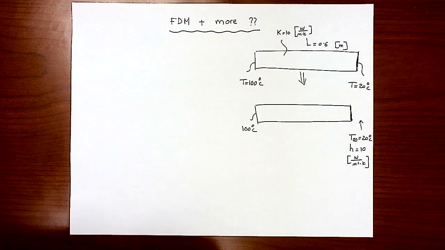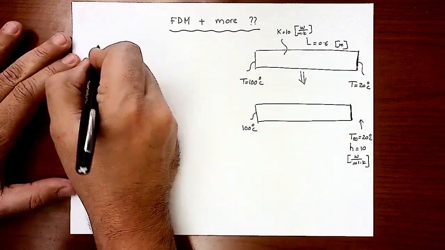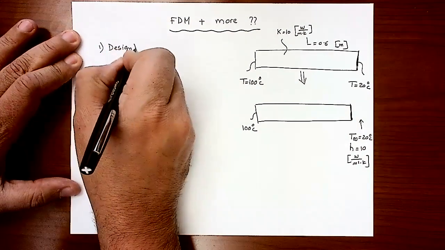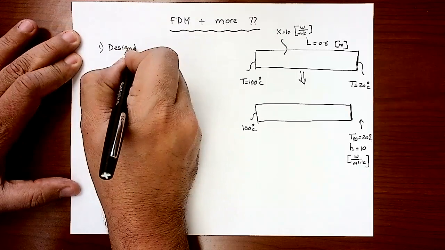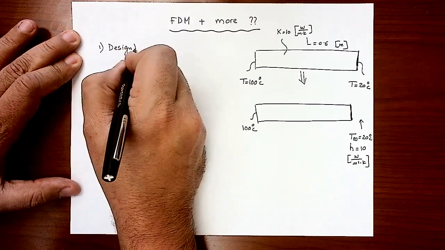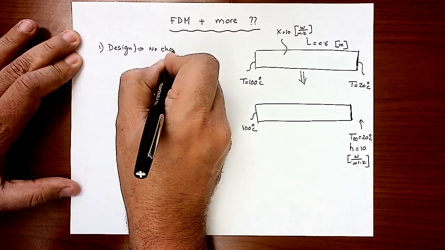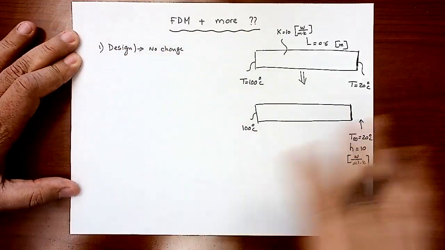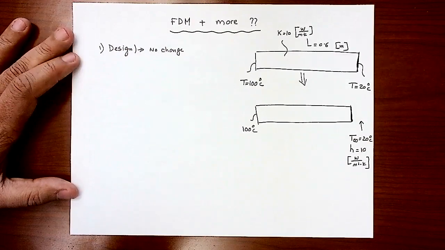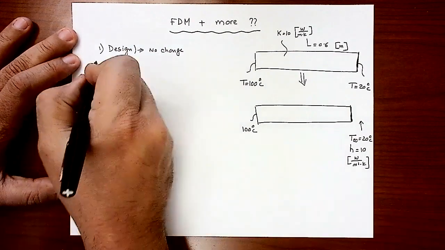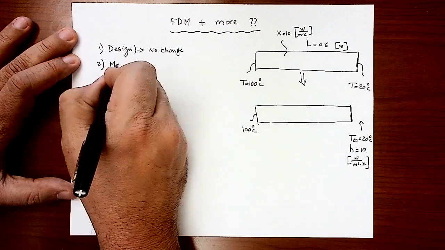So again, that's my design. I'm not going to change that. Number two, the design here has no change, right? Just the boundary condition changed, but it's still a one-dimension heat conduction problem, and the boundary is exposed to convection. Number two, what's the governing model?